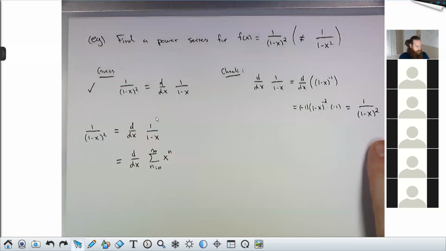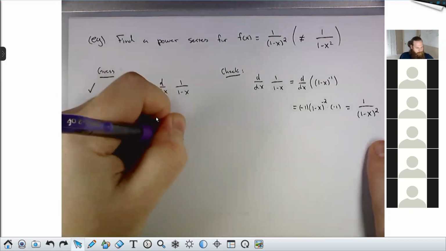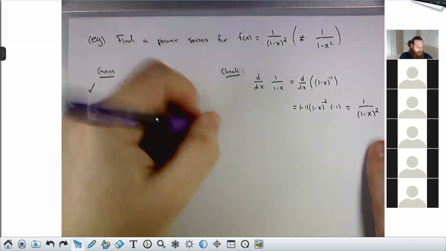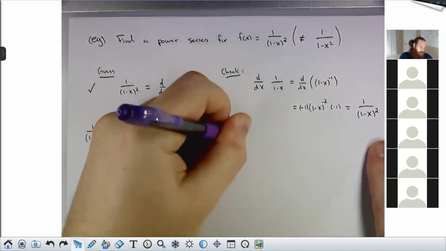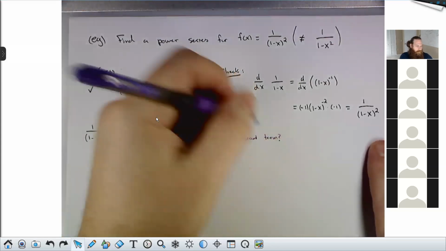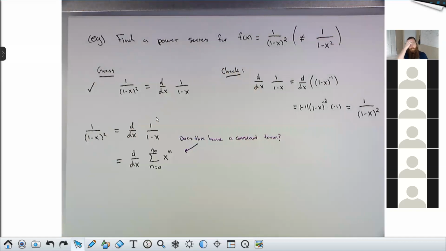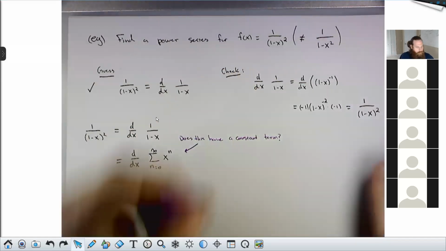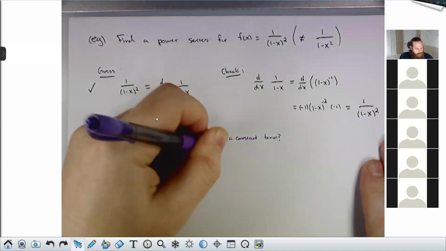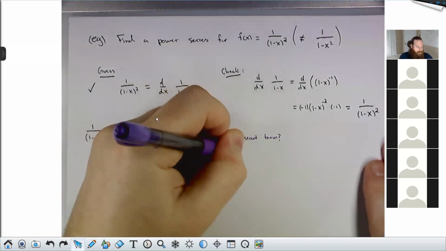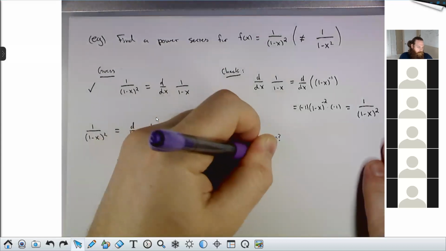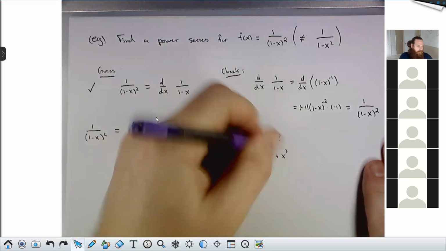I need to ask, does this have a constant term? Right, because I'm wondering, do I need to bump the index when I differentiate? So let's write out the first few terms of that series. When n is 0, you get x to the 0, which is 1, plus when n is 1, you get x to the 1, plus when n is 2, you get x squared, plus when n is 3, you get x cubed.